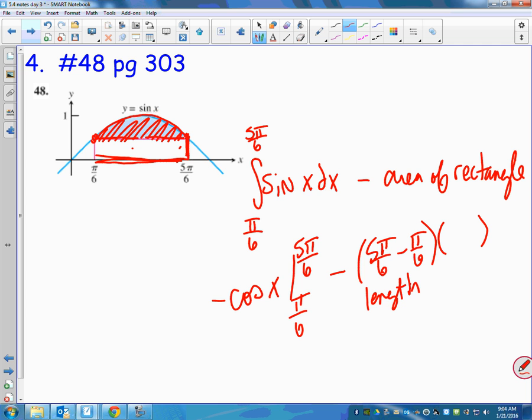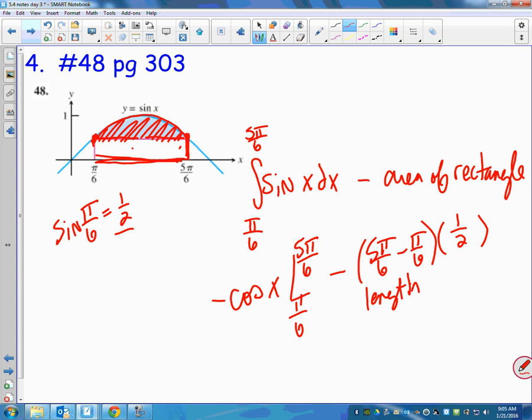So this is saying, what is the sine at π/6? It's a half. What about 5π/6? Is the sine of 5π/6 also a half? Yeah, so you're right. It's a half, so you're using the function value to do that.